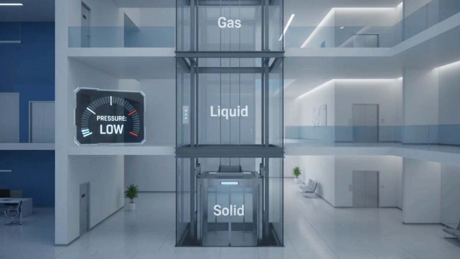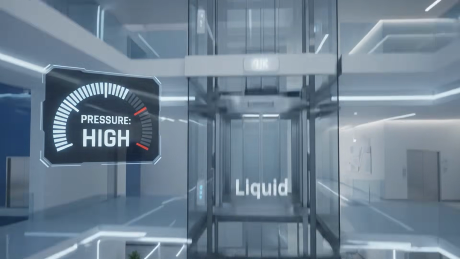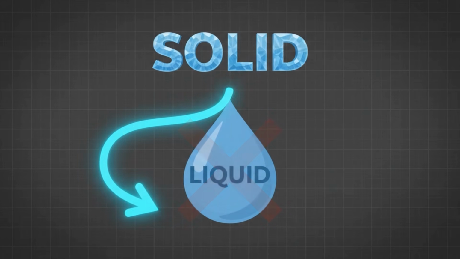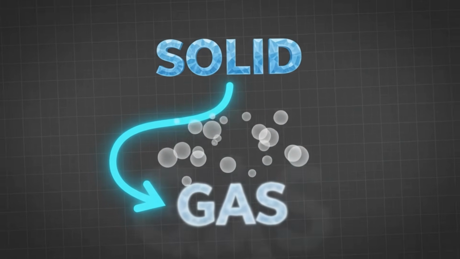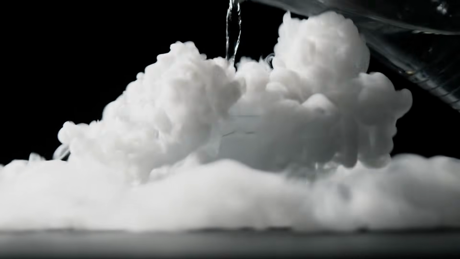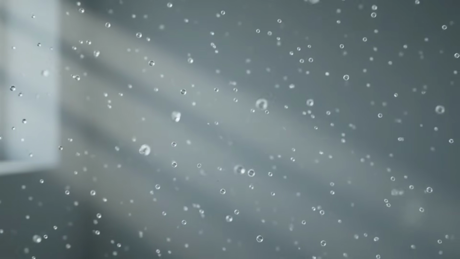Imagine the liquid phase as a floor in a building that the elevator cannot reach unless the pressure is raised first. At normal pressure, dry ice moves directly from the solid floor to the gas floor without stopping in between. The same process creates the famous white cloud, but the cloud itself is not carbon dioxide smoke. Carbon dioxide gas is invisible.